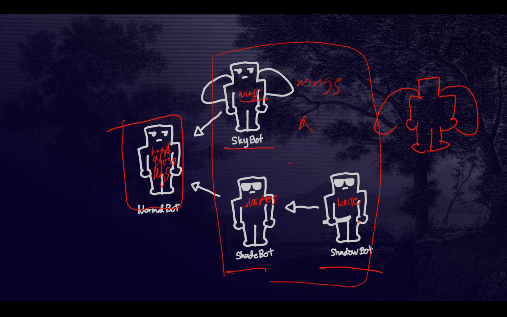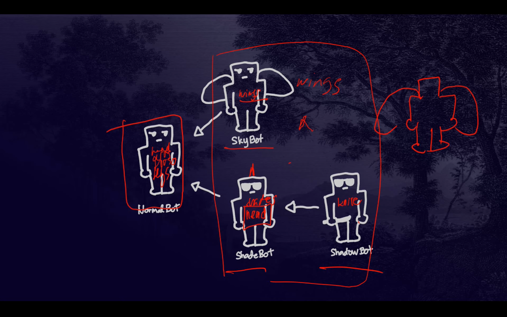If any specialization behaves in a different manner for some specific method, then you can also change that method. For example, if you want the ShadeBot specialization to have a spike on its head, then all you have to do is re-implement what head does. The head part right here will be changed from NormalBot's head to ShadeBot's special head.